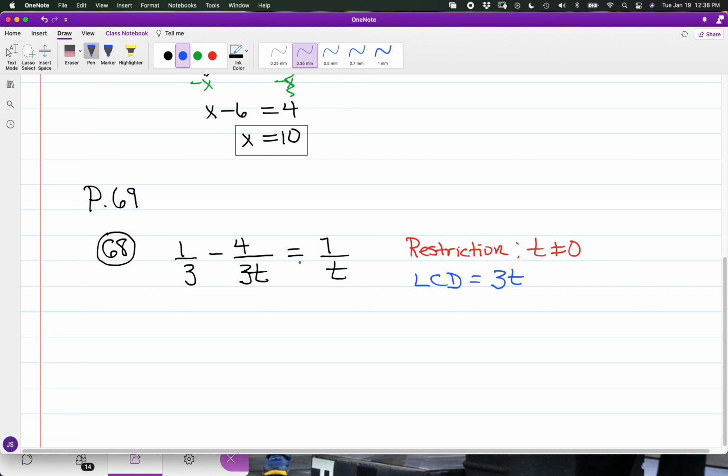If I had just rational expressions to combine, no equation, I would have all these ratios in the form where the denominator is 3t. But since I'm working with an equation and trying to solve for t, I multiply by the least common denominator.